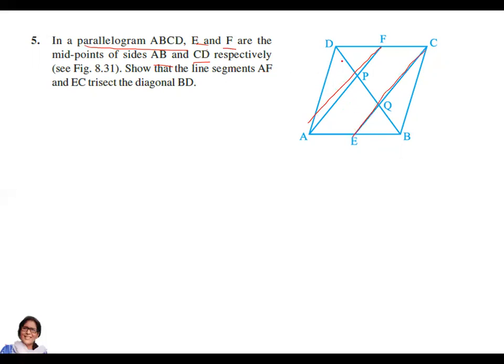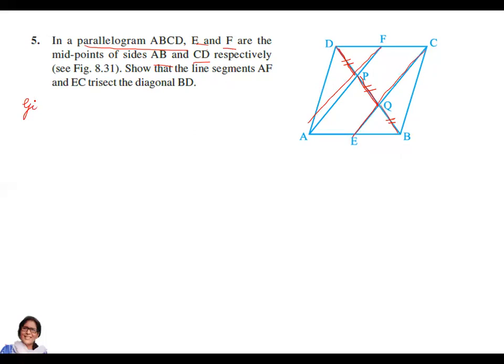Trisect means they make three equal parts. That means you have to prove that DP is the same as PQ is the same as BQ.